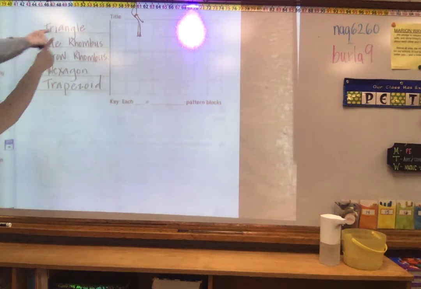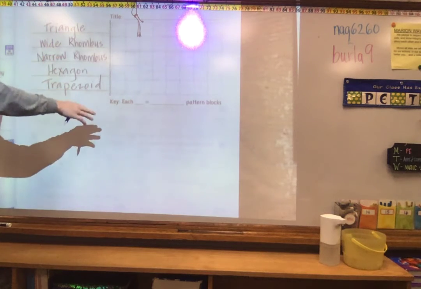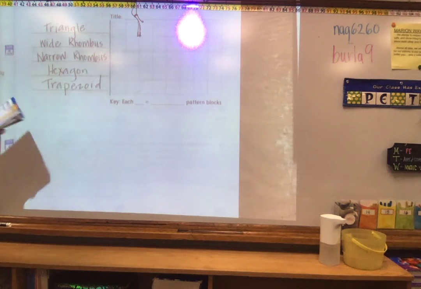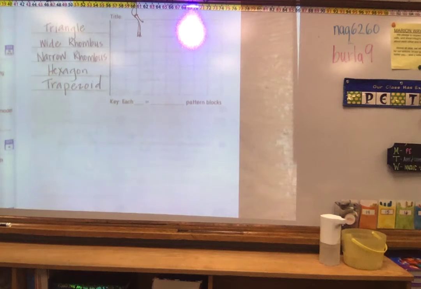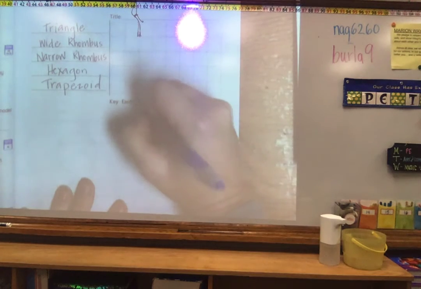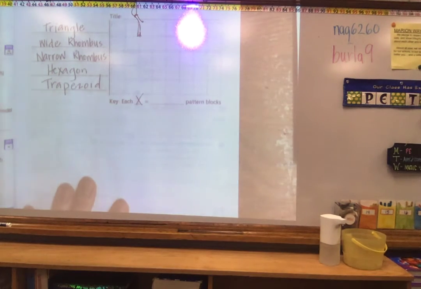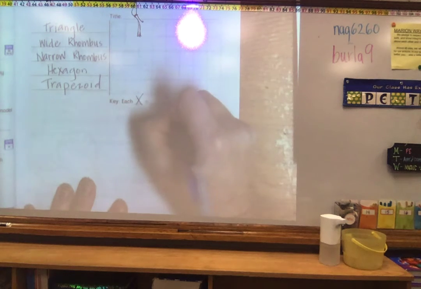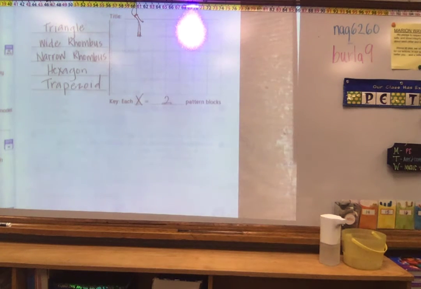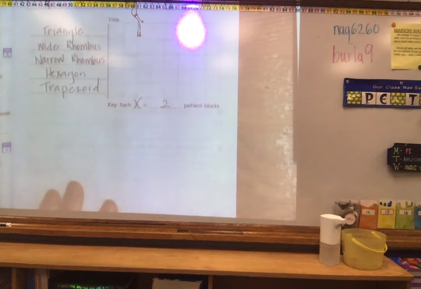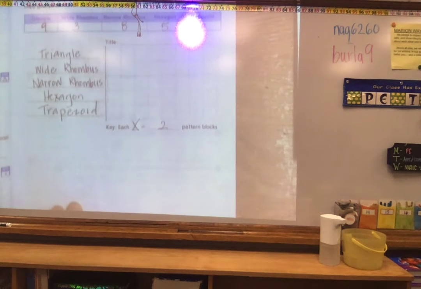We don't want to draw each one of these because it has to be the same for each one. So we're going to go ahead and do this. An X stands for 2 pattern blocks. So if an X stands for 2 pattern blocks, how many X's am I going to have to draw for the triangle?